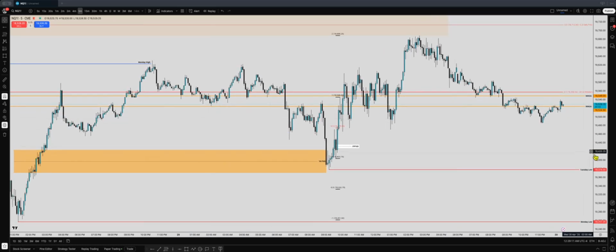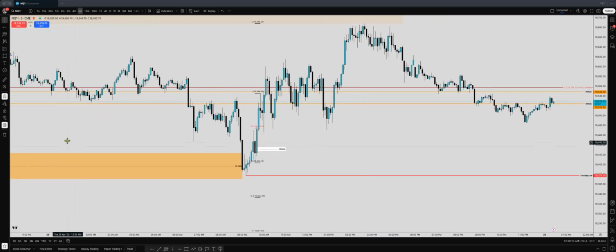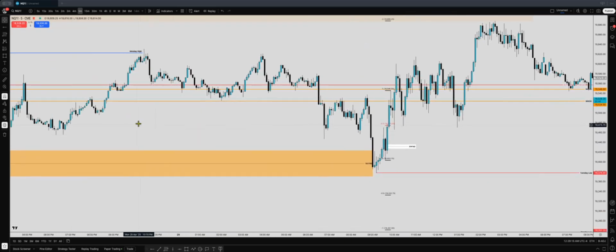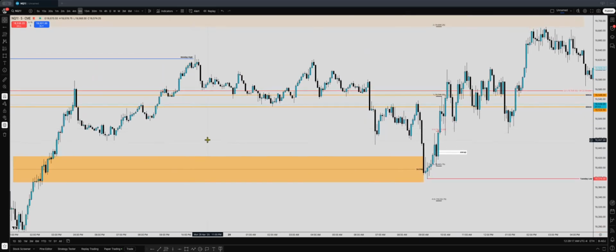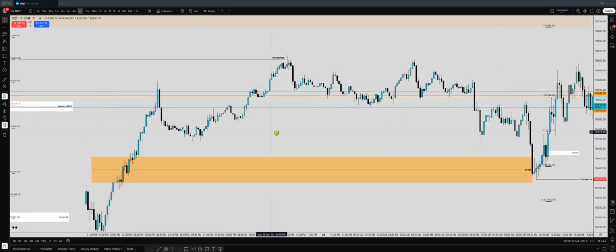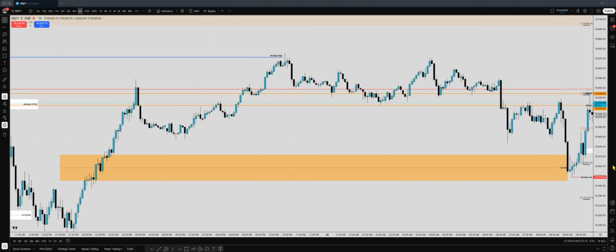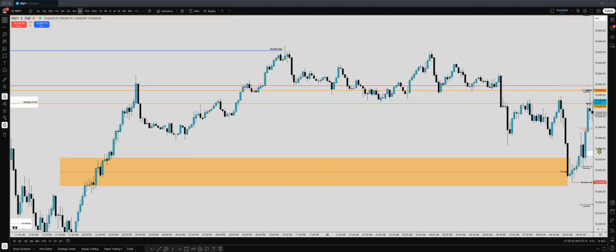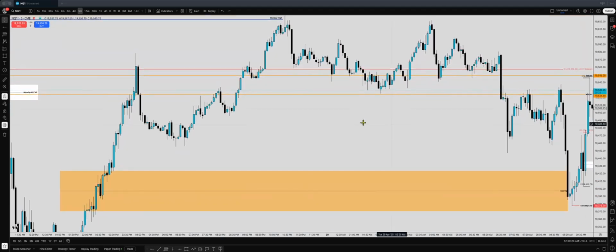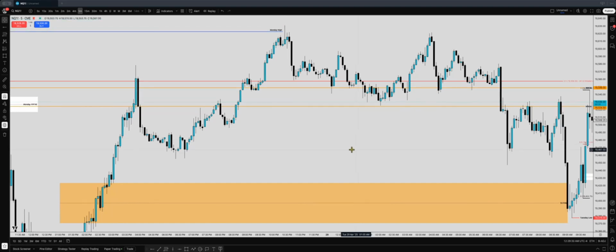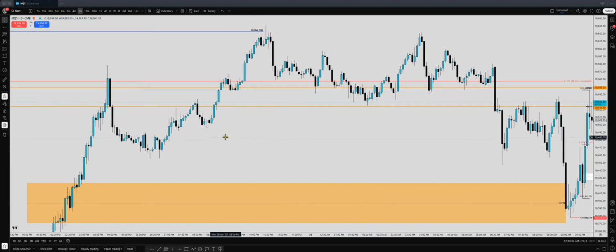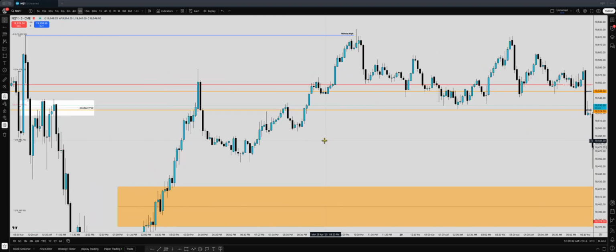All right, so I don't usually trade the Asian session, but here we can see it playing out in a couple of areas, and I just wanted to bring your eye to it. Usually I like to see, so this is the opening.